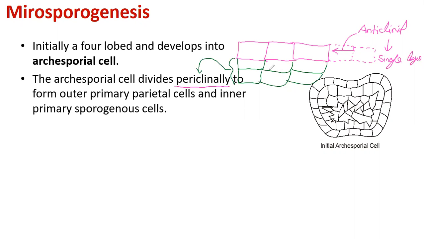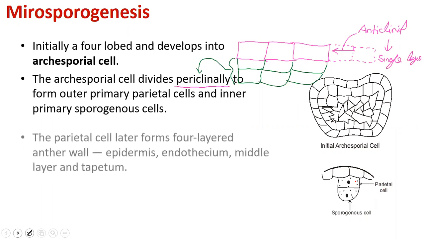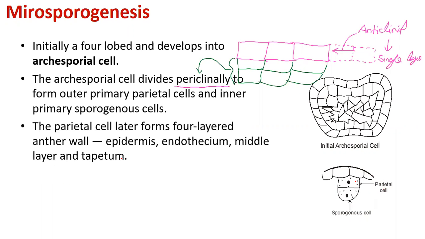Yes, sir. Okay. So the archisporial cell divides periclinally to form outer primary parietal cells and inner primary sporogenous cells, right? You can see in the diagram. So this is the parietal cells and this is the sporogenous cells, right? The parietal cell is going to form the anther wall.